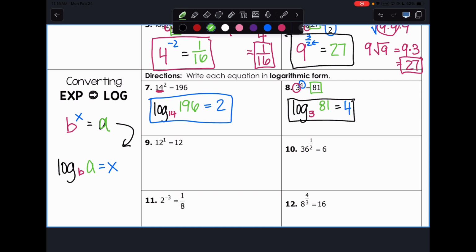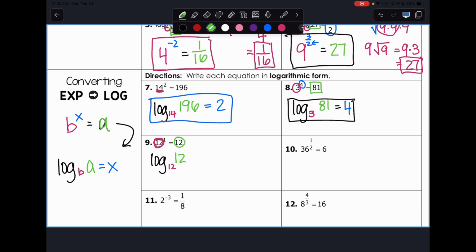This is confusing, so definitely color coding is going to help, right? The base of this exponent is this 12 right here, okay? That 12 is going to be the base of my log, which is 12. And if I take this piece, the 12, it would be this 12.